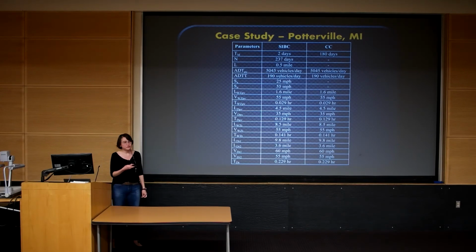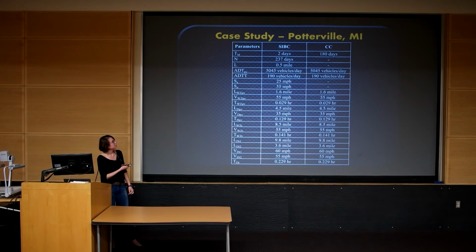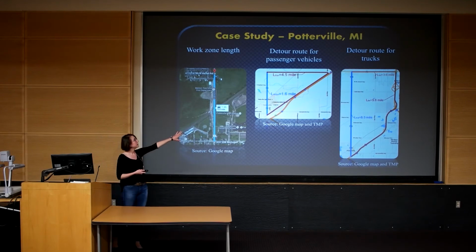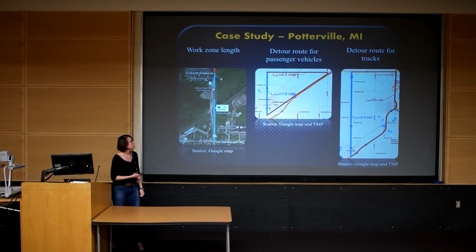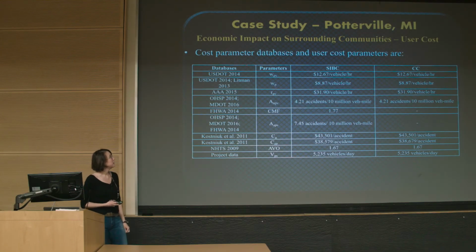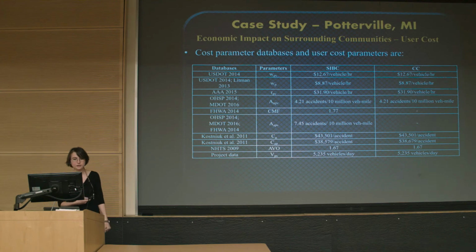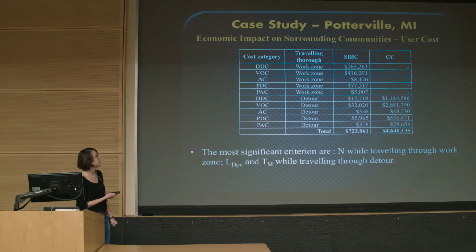Here is the site-specific data from the bridge location, and we have the work zone length of 0.5 mile. We have the detour route for passenger vehicles in the middle, and the detour route for trucks. And here are the user cost parameters and associated databases that are utilized in the quantification method.